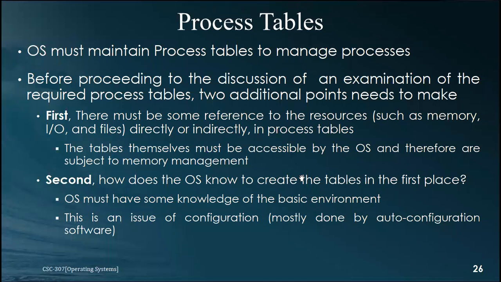Then the tables themselves must be accessible by the operating system and therefore are subject to memory management. In a process table we can also have the concept of how much information we need to store or delete, and so on.